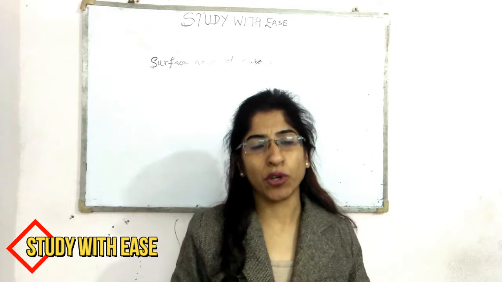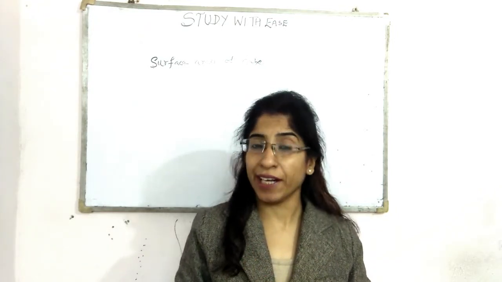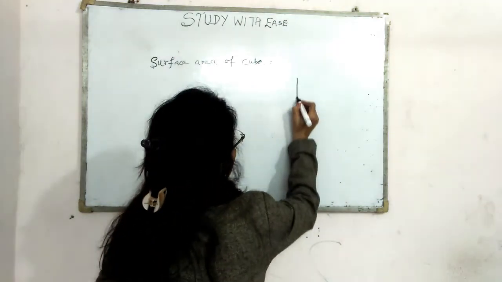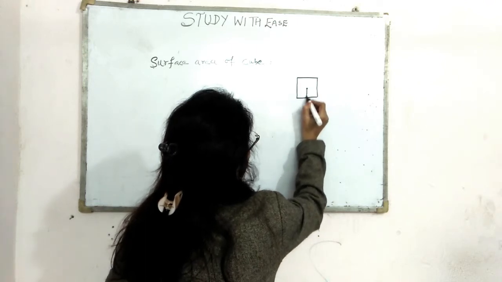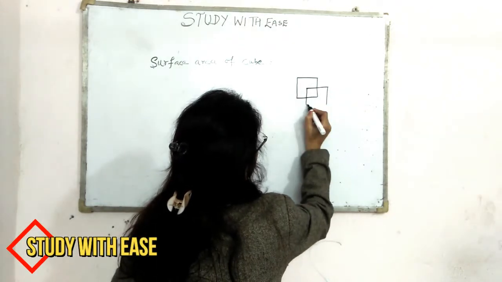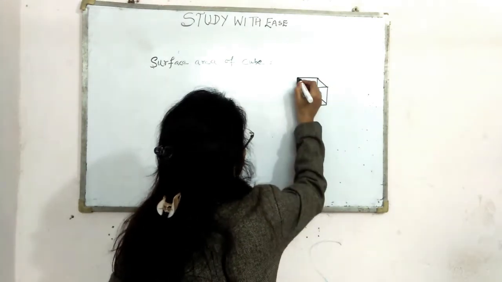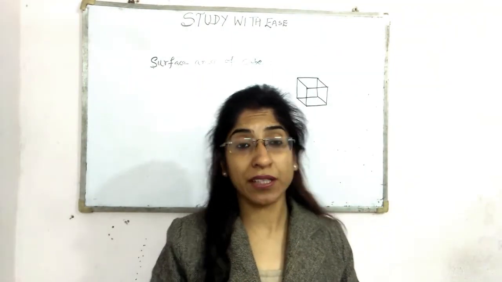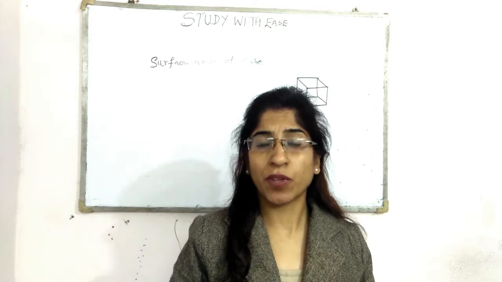You can see that we are joining 6 squares and we are getting the shape of cube.